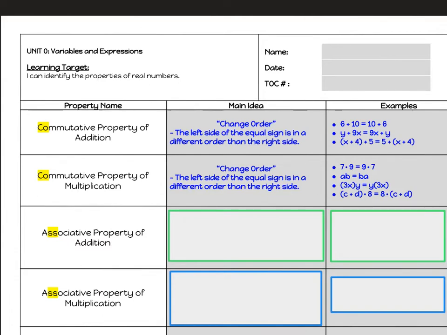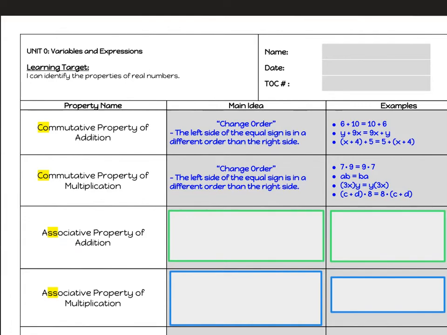Changing the order of the multiplication is still going to give you the same answer. I want to look down at the last example because it has addition and multiplication within it. Because of the commutative property of multiplication, that's where you see the order of the 8 changing from one side of the equal sign to the other.